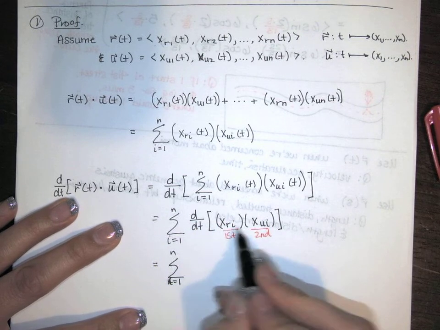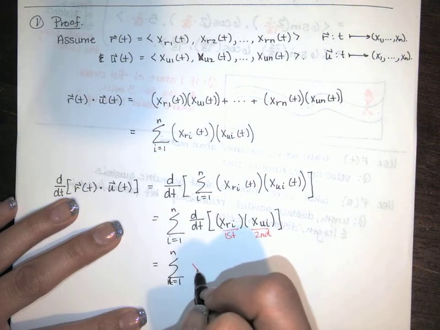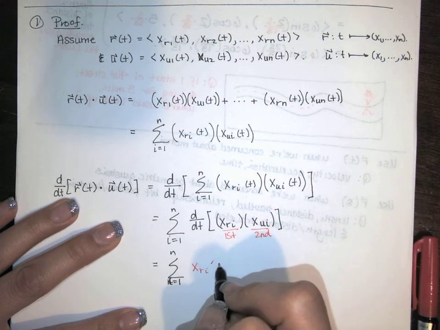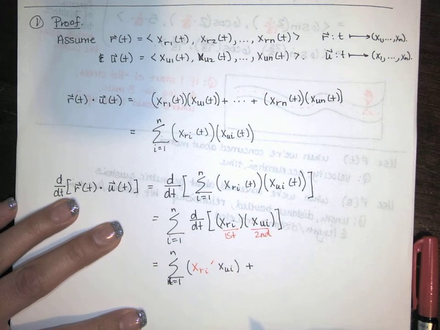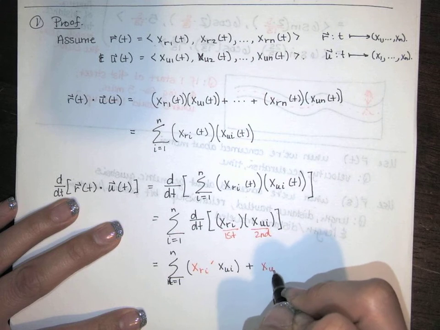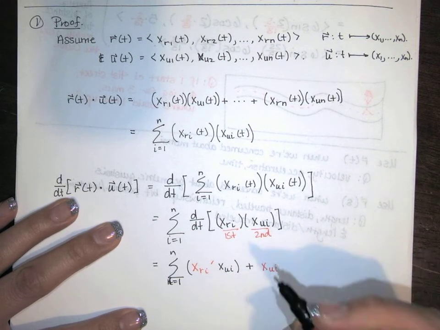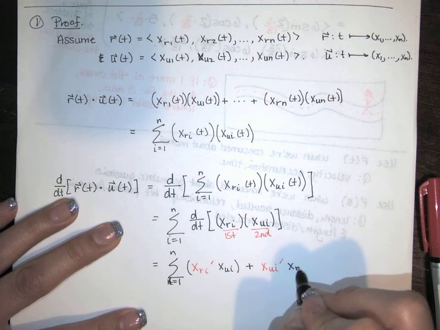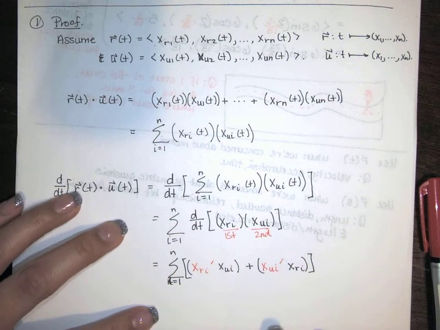The derivative of this product is the derivative of the first times the second plus the derivative of the second times the first. And we're adding all of these up.